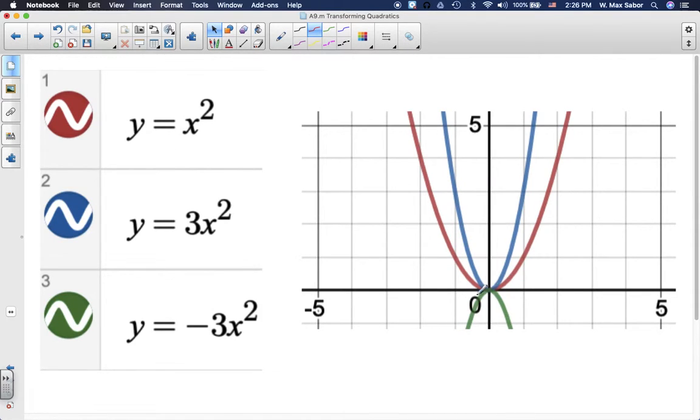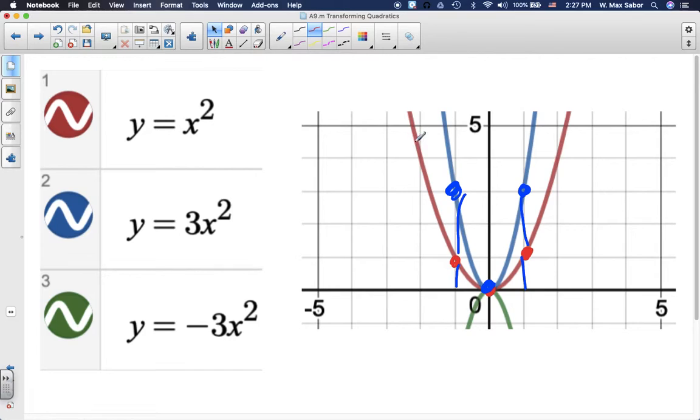So here is the red graph is x squared. And the blue graph is 3x squared, where I multiplied each coordinate by 3. So this 1 turned into now 3, this 1 turned into 3. It looks like it got thinner, but really what it did is it got taller.